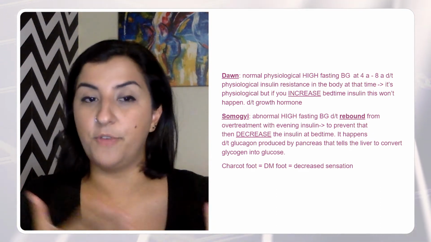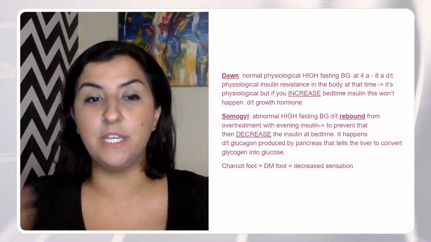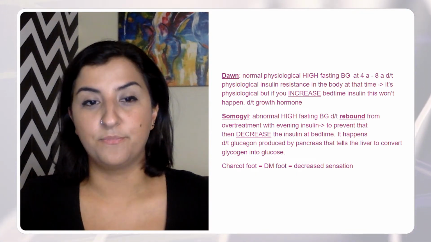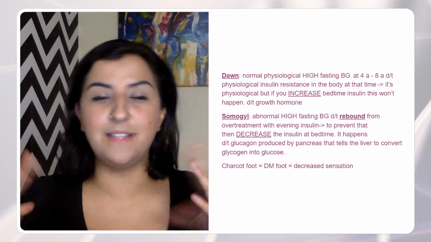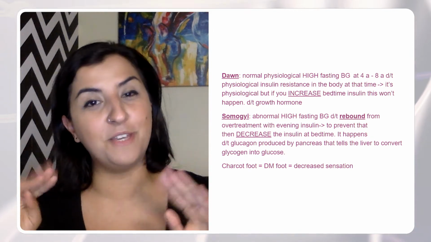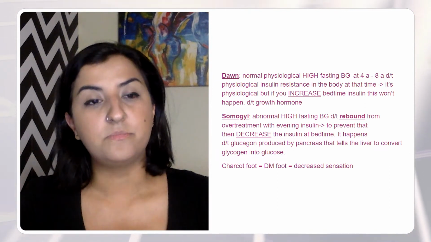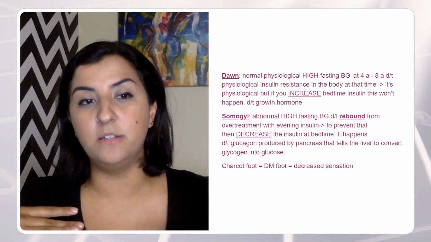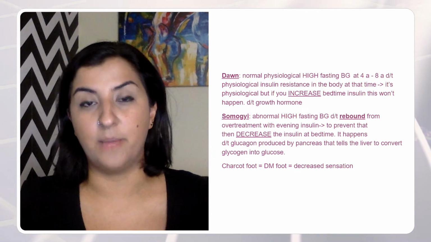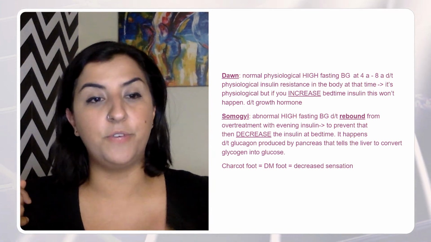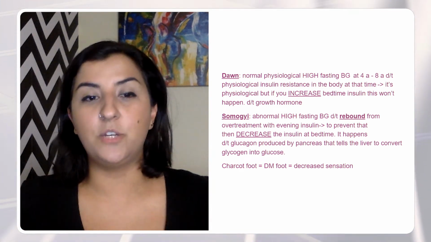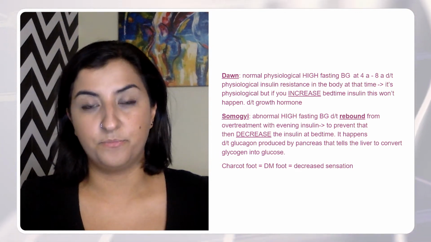Okay, to prevent that from happening, you decrease the insulin at bedtime. I know they're a little bit confusing, but just remember 2 things. In order to fix the dawn, you increase the insulin at bedtime. In order to fix the Somogyi, you decrease the insulin at bedtime.